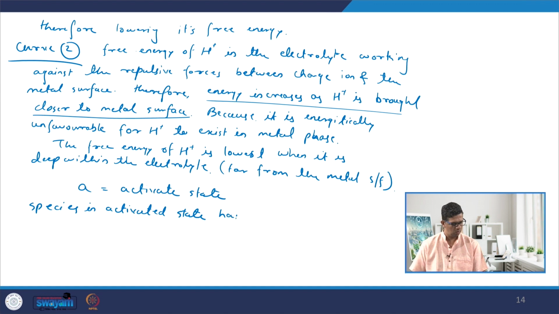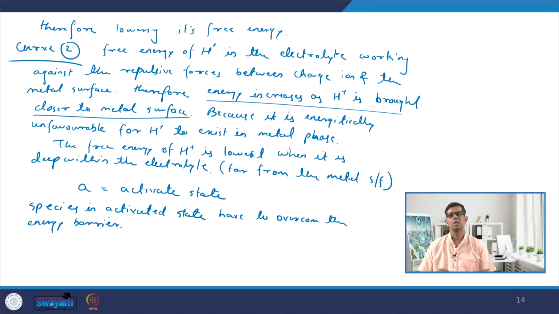they have to overcome the energy barrier, which is applicable to both of the species, whether it is a reactant species or the product species.